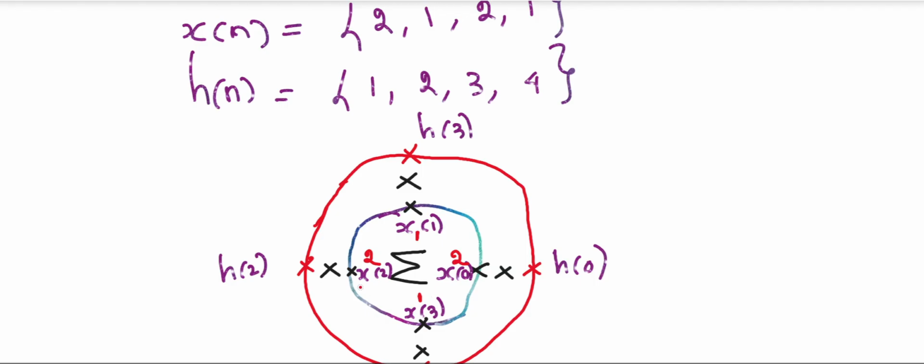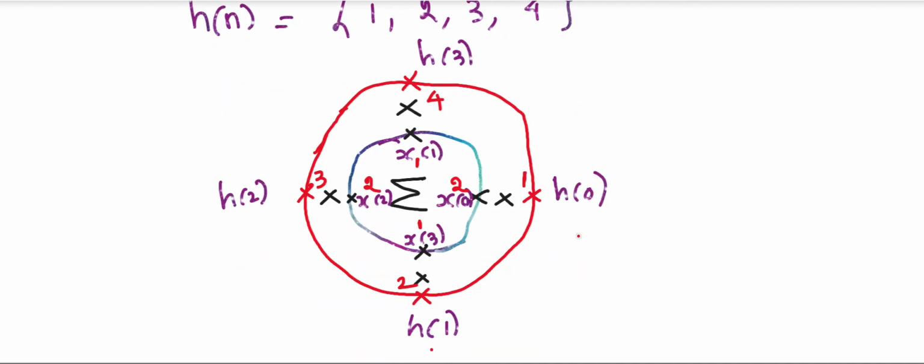In a similar way, for the h of n sequence, h of 0 is equal to 1, h of 1 is 2, h of 2 is 3, h of 3 is 4.